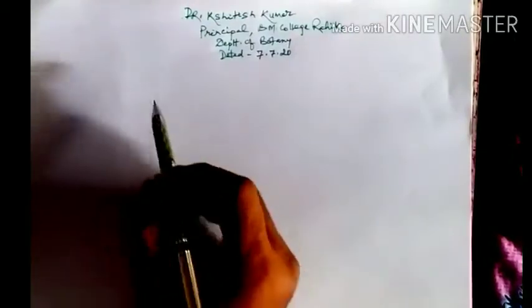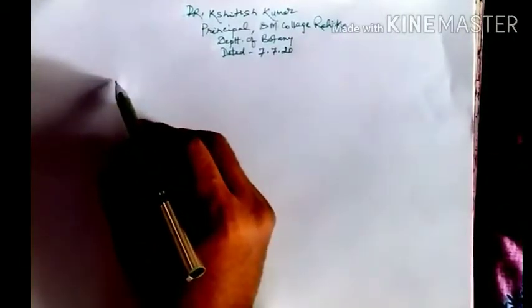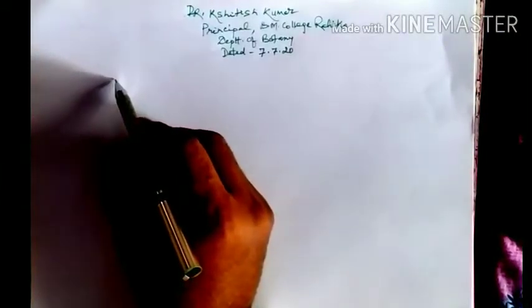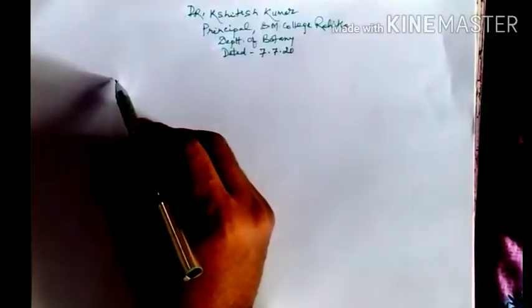But before starting this new chapter, first of all we should see the differentiation between the internal structure of dicot stem and monocot stem. Today we shall see the difference between the monocot and dicot stems' internal structure.